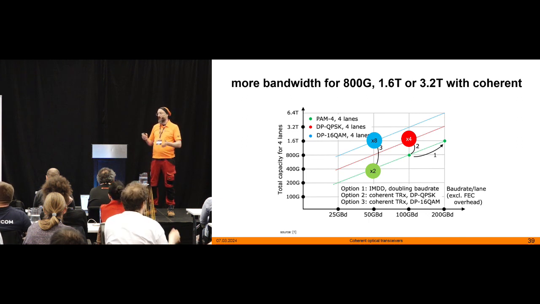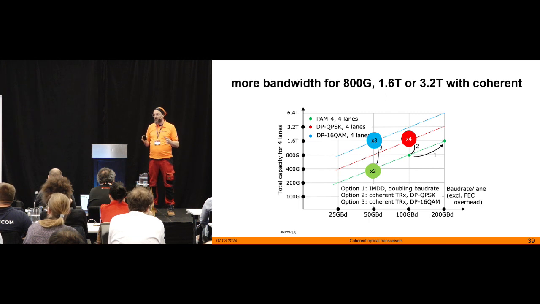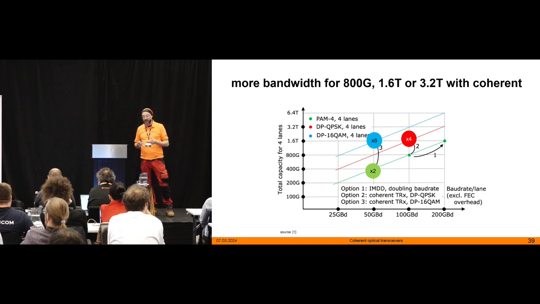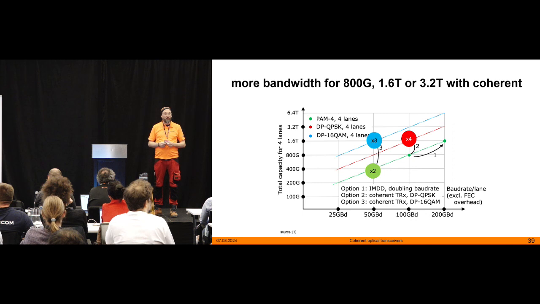For sure, there are other mechanisms as well, for example, increasing the frequency again. On the bottom, on the x-axis, you see the frequency on the electrical side, and we are currently at 50 gigabaud running there already. So we could do 100 gigabaud as well, and that's also an intention, but this is quite difficult to implement. With the compute power of the DSP, it seems to be way easier to increase the overall bandwidth of a pluggable.